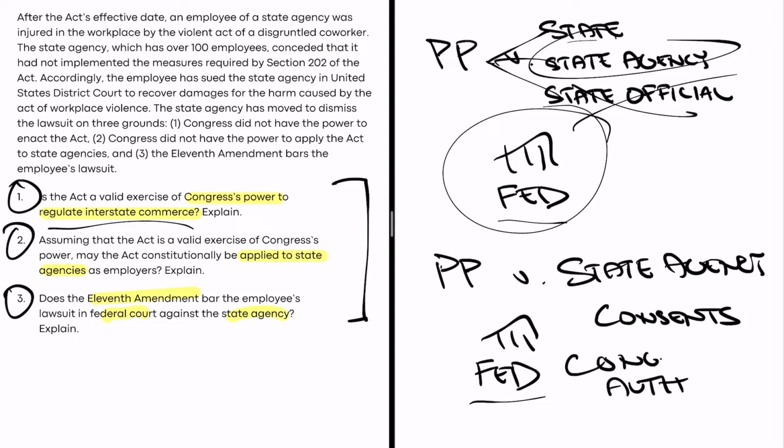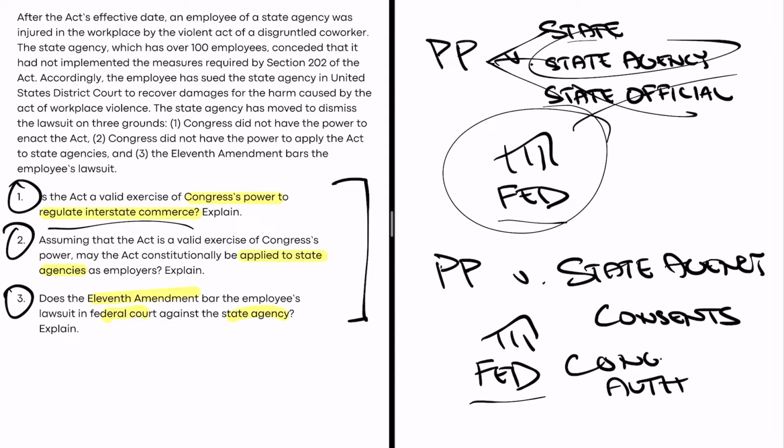Now, we know if neither of these exceptions apply, then the 11th Amendment is going to bar this type of lawsuit. A private party suing a state agency in federal court is prohibited by the 11th Amendment. That is what the state sovereign immunity clause under the 11th Amendment is all about. It provides 11th Amendment immunity to the states, state agencies, and state officials unless an exception applies.